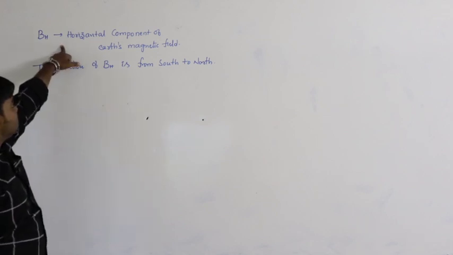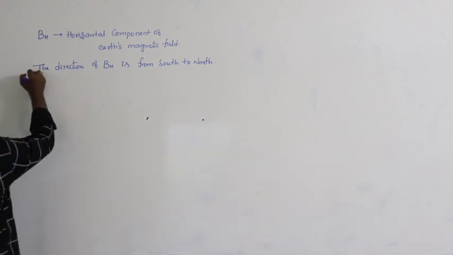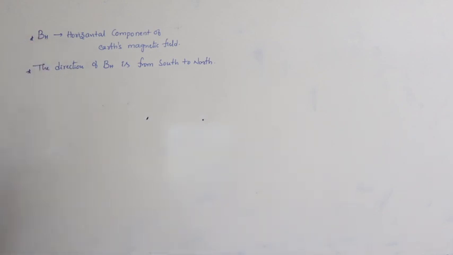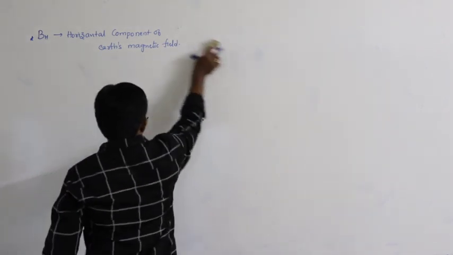So BH means the horizontal component of Earth's magnetic field, and the direction of BH is from south to north. You must remember these 2 points. Based on this, we can discuss some examples.